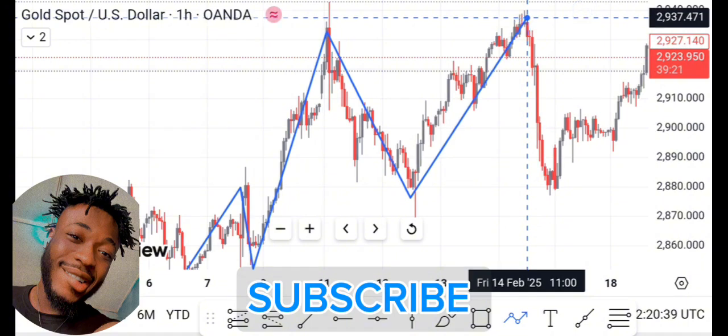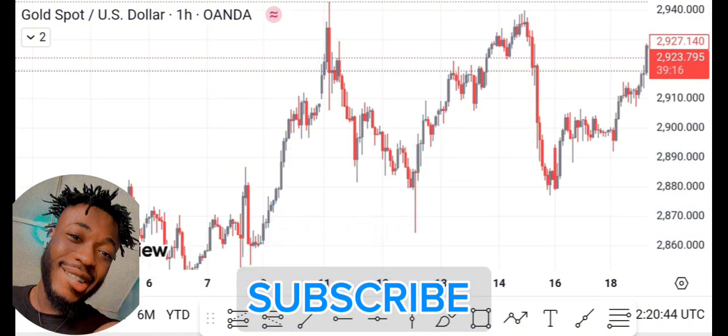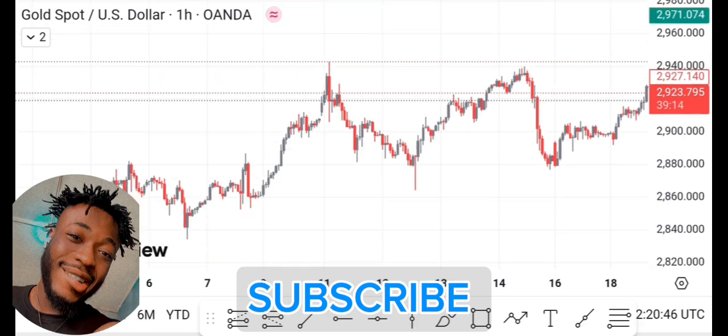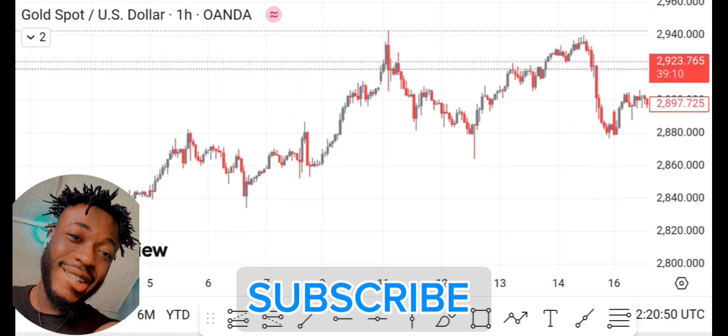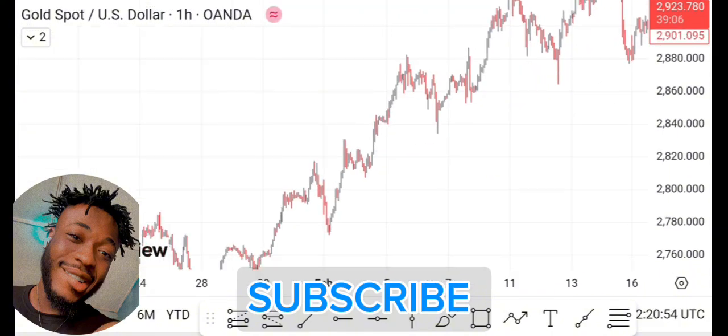Do you understand? Number one thing you want to learn whenever you come onto the chart is to know your direction. Where is price going to? What trend are we on? Now in this case, we are on an uptrend. You can see for yourself after zooming out, we are on an uptrend. Do you understand? We are on an uptrend.